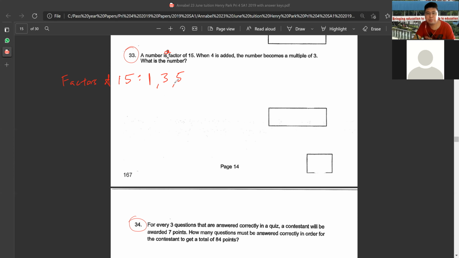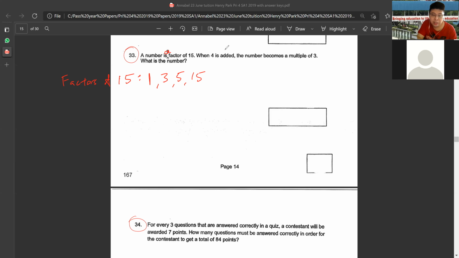Followed by? 7? No, 7 is not a factor of 15. 1, 3, 5, 15. 1, 3, 5, 15 are the factors of 15. Okay?